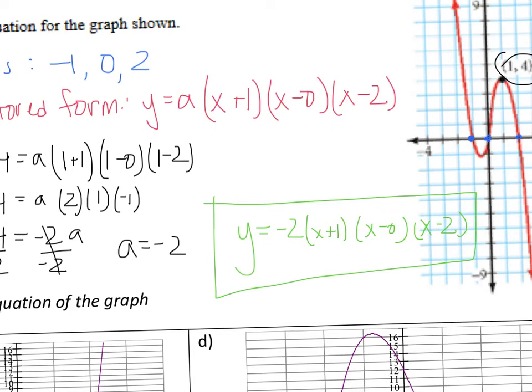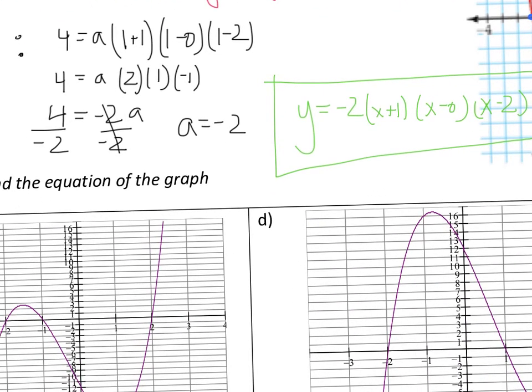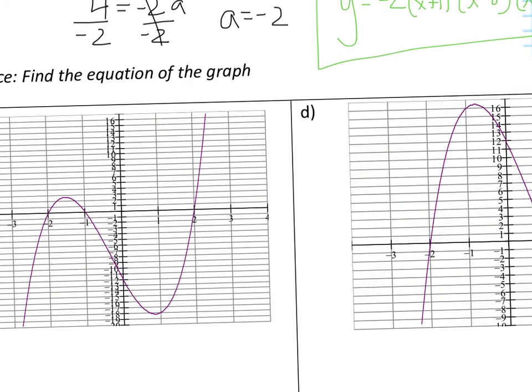Okay. You are going to follow those same steps to write an equation for your guided practice below. For both of those, I would recommend using your y-intercept as your test point. So for the first one, your y-intercept is -12.